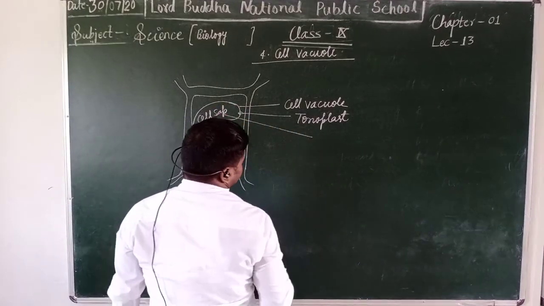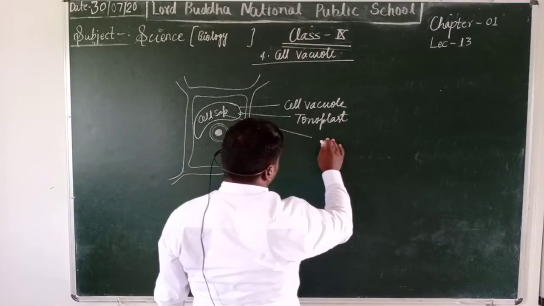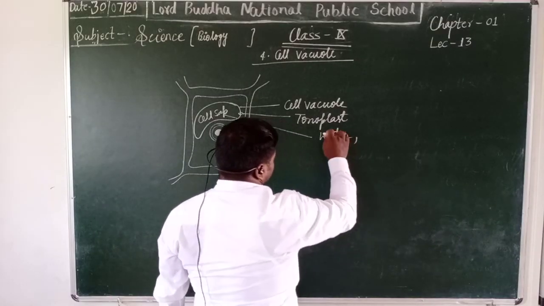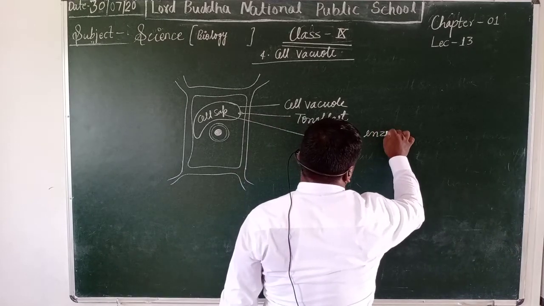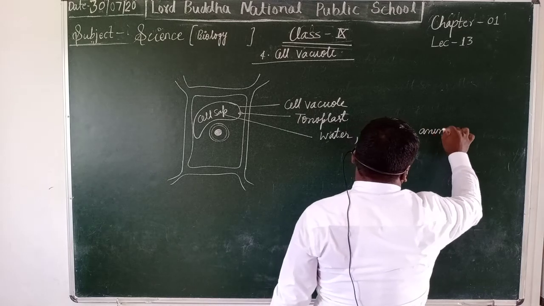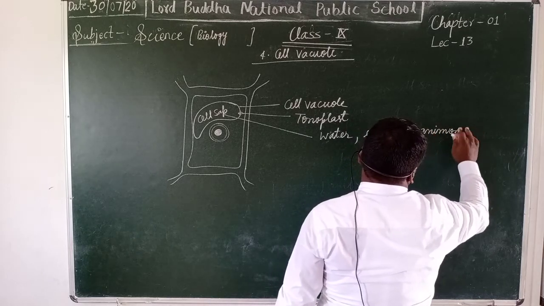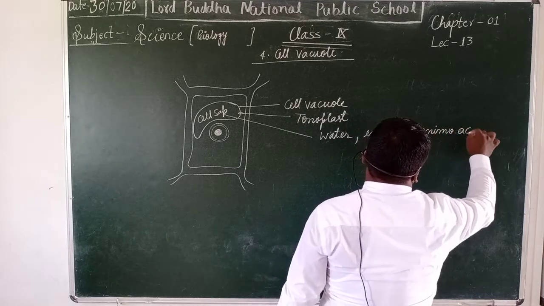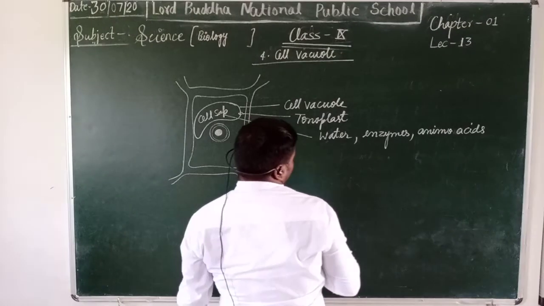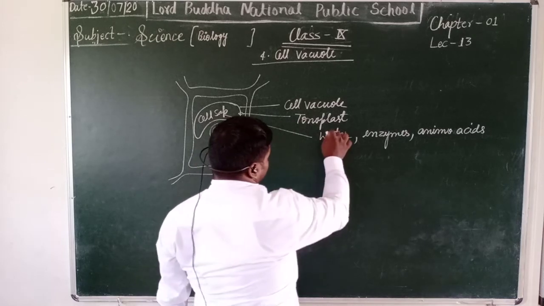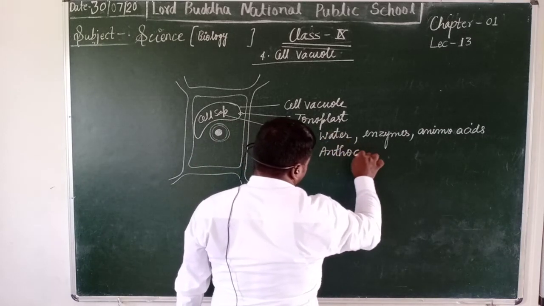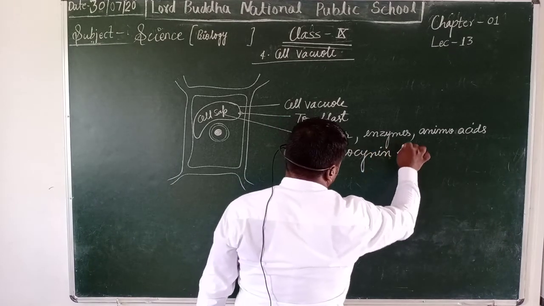Cell sap contains about 90 to 95% water, enzymes, amino acids, and a very important type of pigment called anthocyanin pigment.